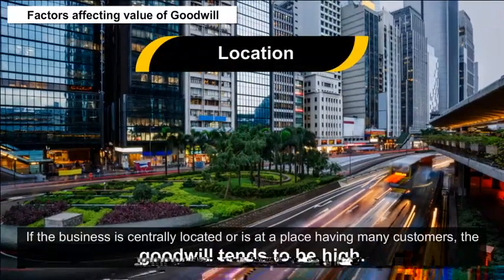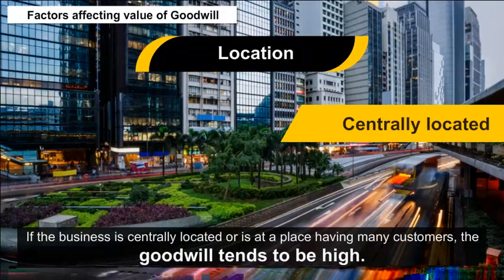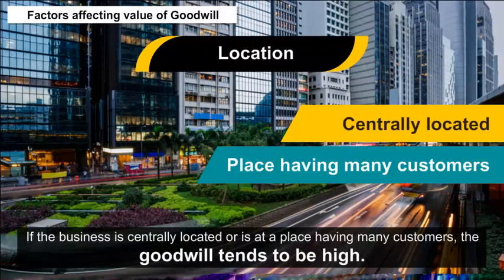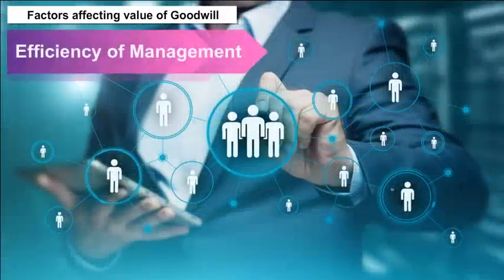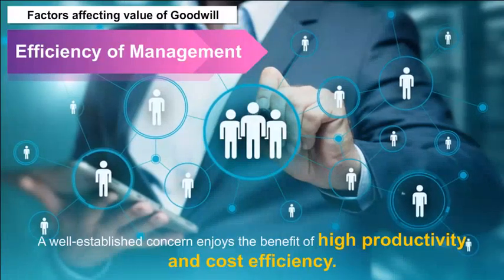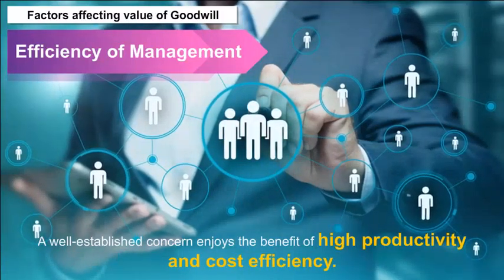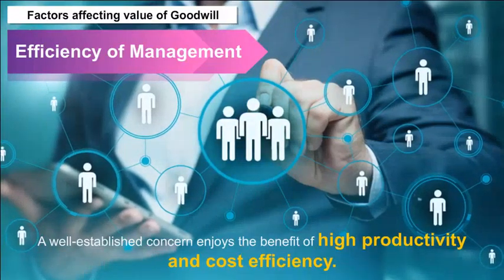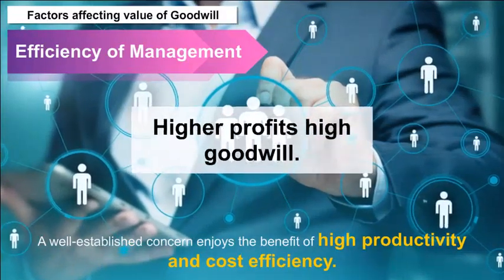If the business is centrally located or is at a place having many customers, the goodwill tends to be high. Efficiency in management. A well-established concern enjoys the benefit of high productivity and cost efficiency. This leads to higher profits, high goodwill.